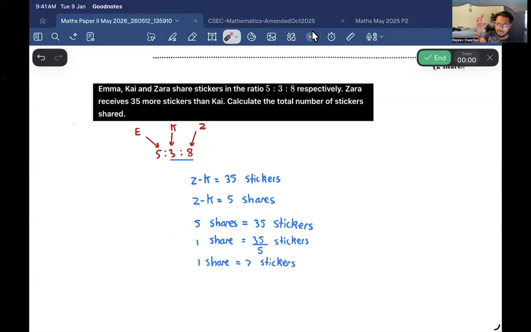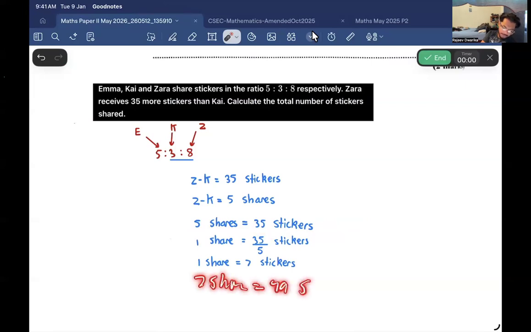Right. And I want you to understand why we're doing this, Carla. That's the most important thing. If you go to multiply 3 by 35, that doesn't make any sense because that will be 5 by 3, that will be 15 shares. However, if you find for 1 share, you can scale that up to any amount of shares you want. Let's just say you wanted 7 shares. Well, 7 shares would just be 7 by 7.